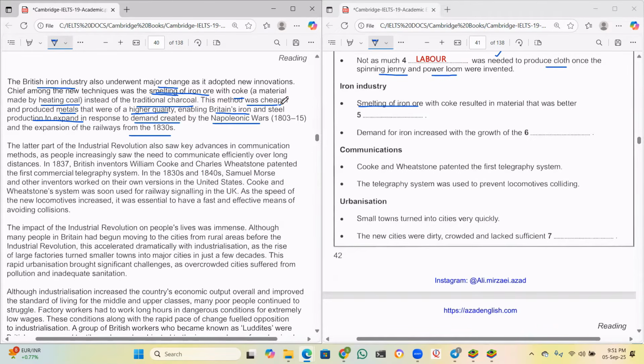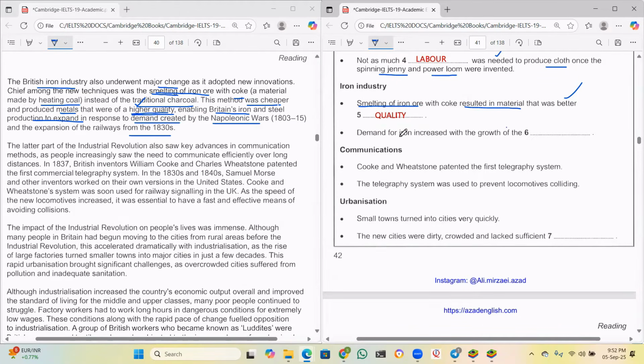This method was cheaper and produced metals that were of a higher quality. So smelting iron ore resulted in materials that were better dash. So higher quality, better quality. That is our answer, right? So this was also pretty easy. So no difficulty so far, right?